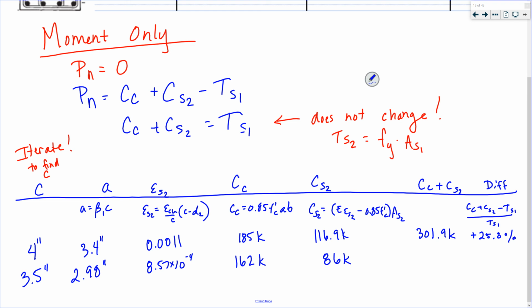Add them together: 162 plus 86 is 248 kips. So I'm 8 kips over.